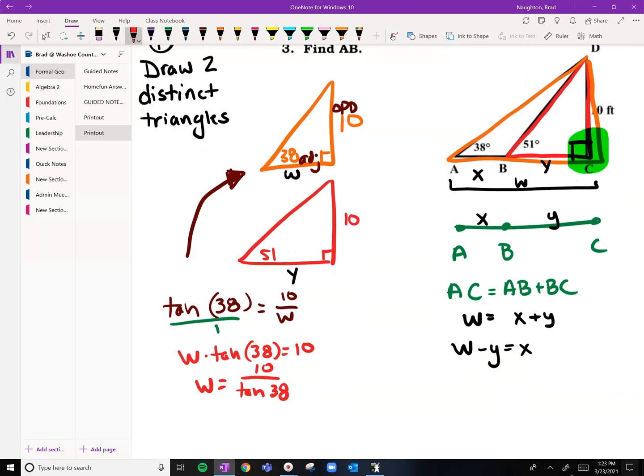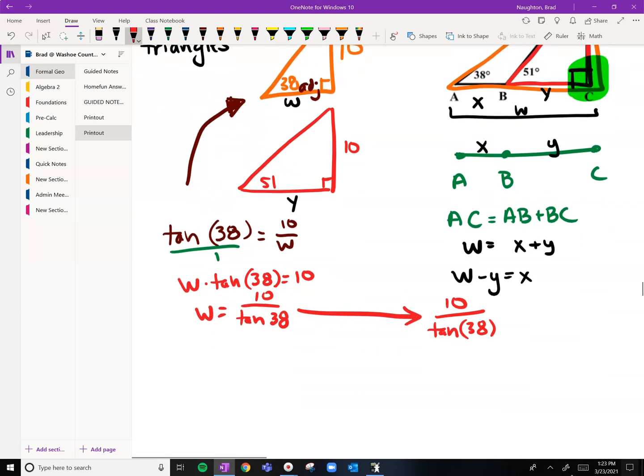So I have part of this right here: W is 10 divided by tangent 38, and that's a decimal. Now we just have to find out what Y is. Let's use this one, which is opposite and adjacent.